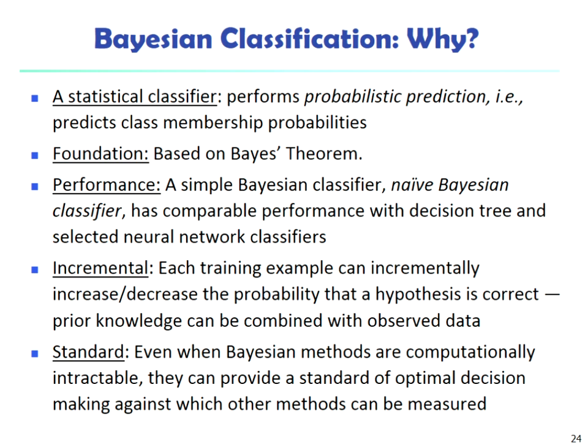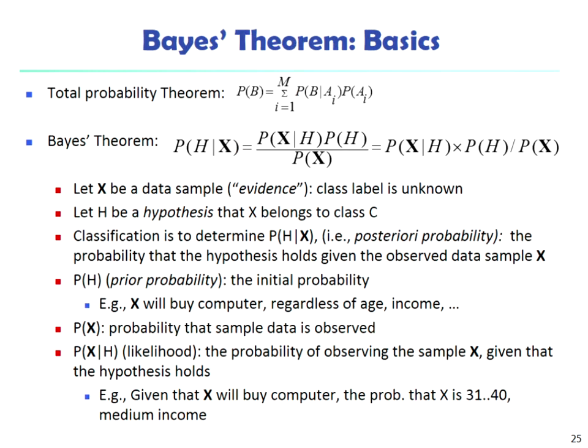What is the difference between Bayesian classification and decision tree? In the decision tree, we construct a model. In our case, the model is a graph or a decision tree. After that, we use this tree to classify a new tuple. In Bayesian classification, we use probability.